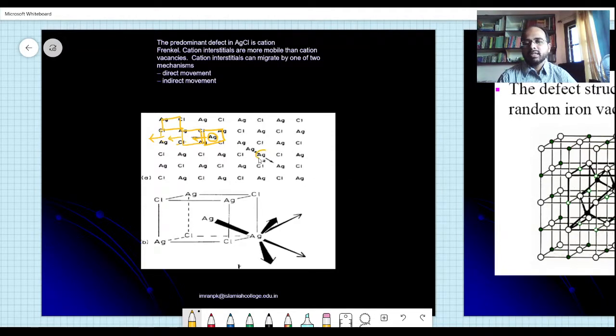So there is already a regular silver cation present there. The one present in the interstitial site may come and knock this away from this particular space. So it can move into this particular space, and again it can knock this. So that movement is given there. As a result, you have a lot of empty space. So this space is called the interstitial space.